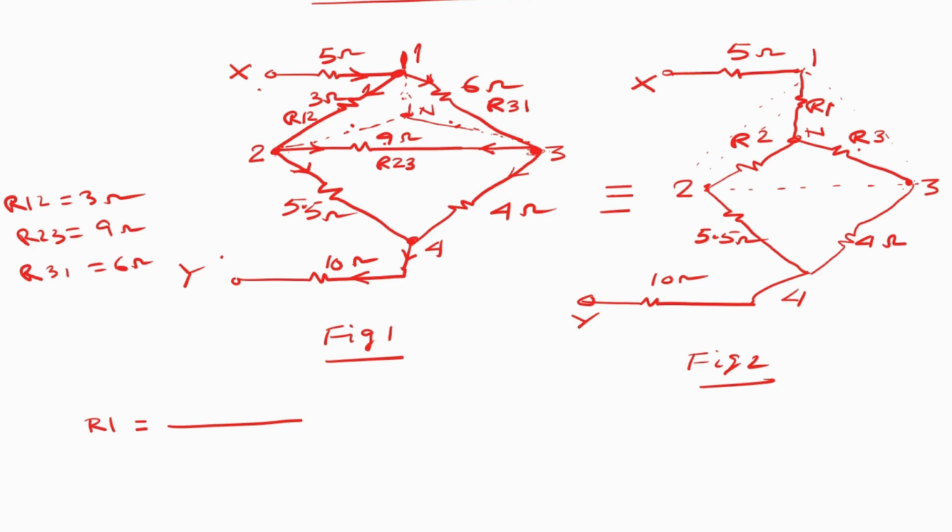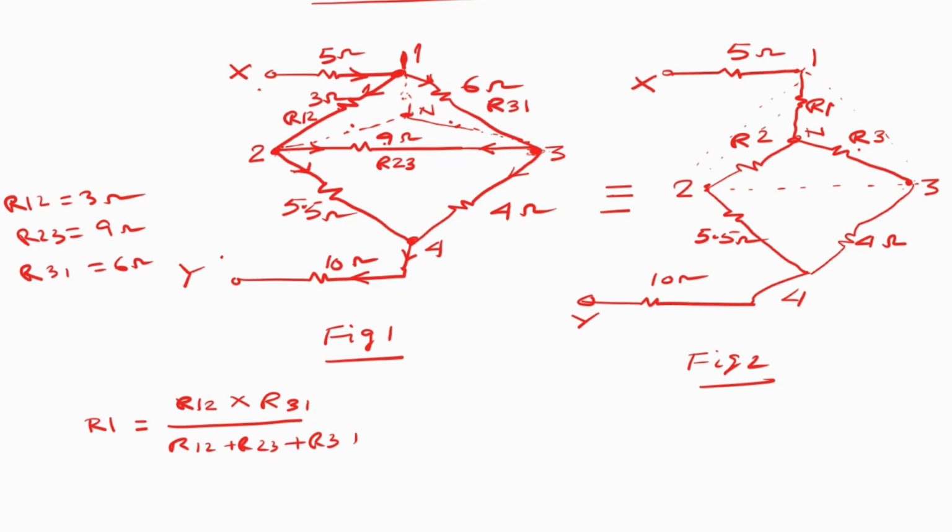So we can determine the R1 value of the star, one connection of the star. R1 equals R12 into R31 by R12 plus R23 plus R31.